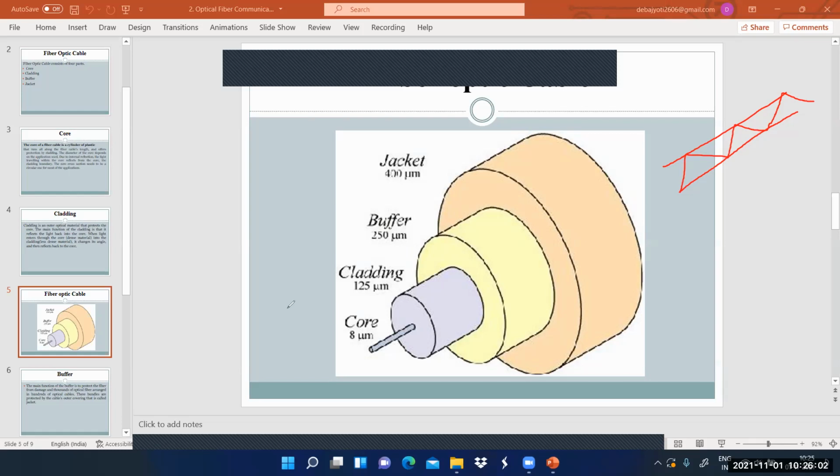The main function of cladding is that it reflects the light back to the core. When the light travels from the core, it is reflected at the boundary wall and reaches the cladding. After reaching the cladding, it is also reflected back towards the core.